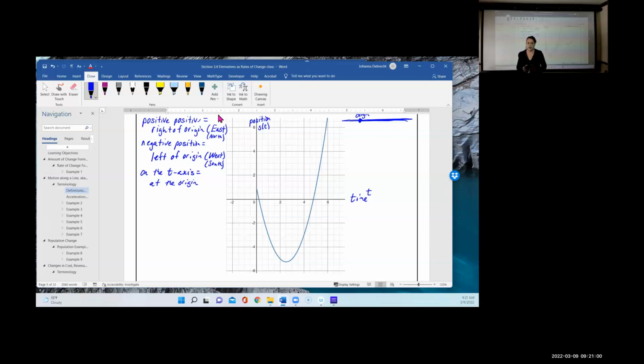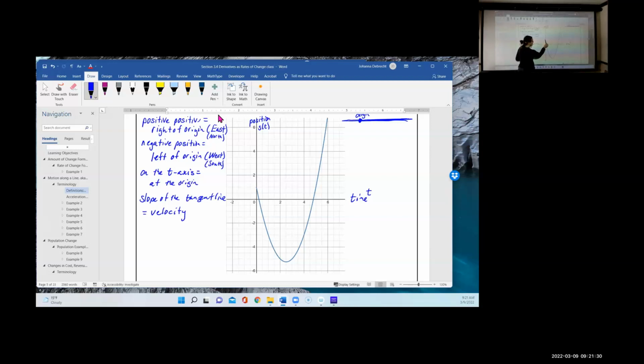All right. Now let's talk about the slope of the tangent line and what that means. The slope of the tangent line is the velocity. All right. So let's take a look at our picture, and we can use our pen as sort of the tangent line.